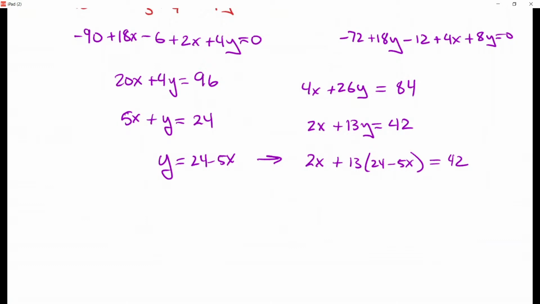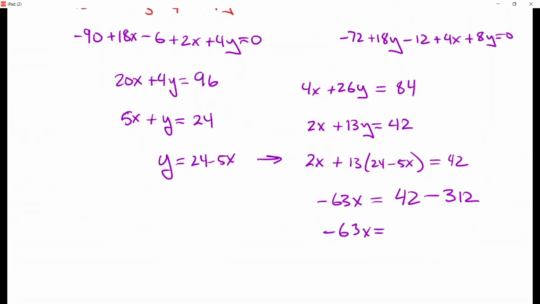So 65 minus 2, so negative 63x is 42 minus 13 times 24. It's 52 times 6, 312. I better do this on a calculator. Someone with a calculator, do 13 times 24. Tell me if I'm right. Oh, I got it right.